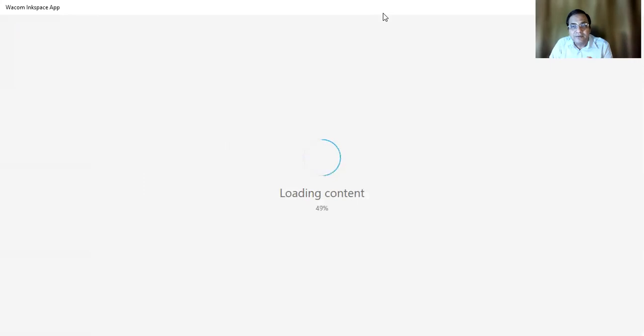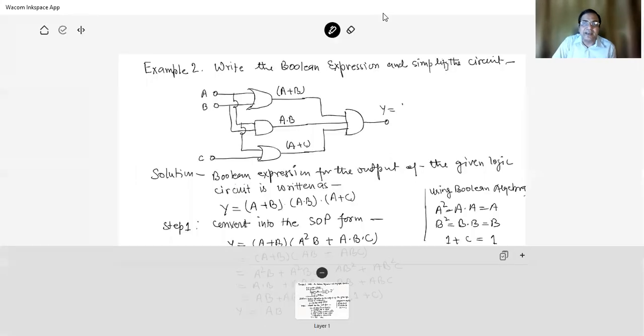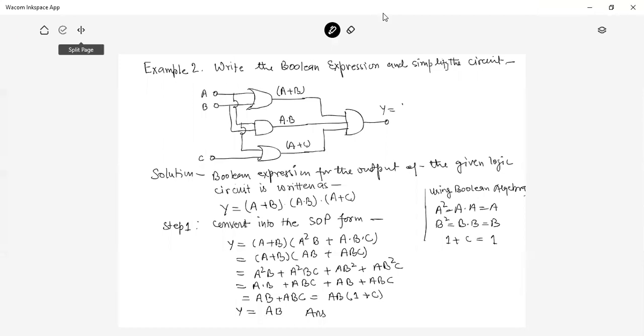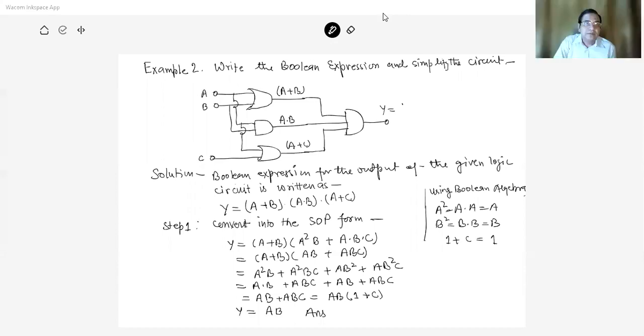If the problem is given in digital circuit form, we write the Boolean expression and simplify the circuit. Here we have A and B, which behave as the inputs of this OR gate.